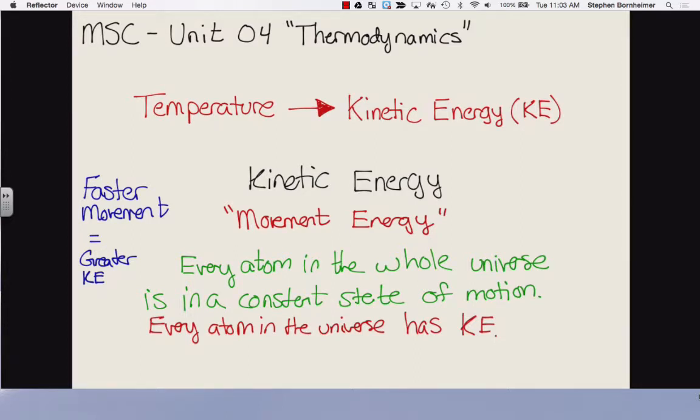Okay? Let's say, though, that something is moving slower, has slower movement. Then, Savannah, what would you say about its kinetic energy? It has less. It has less kinetic energy.